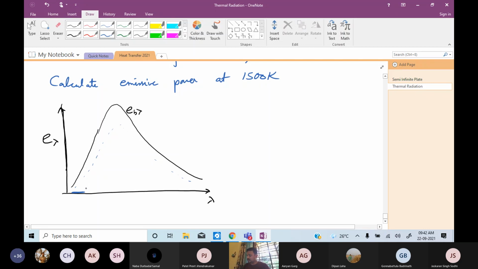Then from 0.3 to 1 micron the emissivity is 0.9. Now it is going to follow the black body curve till 1 micron, and it is again 0.